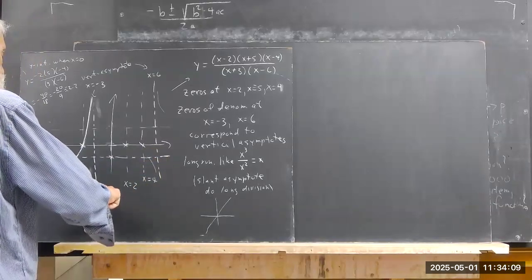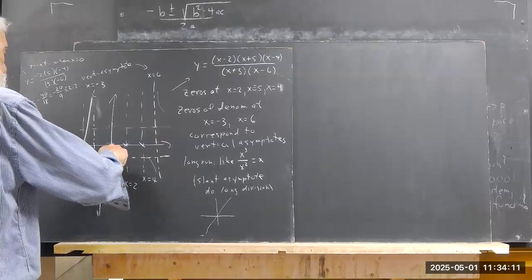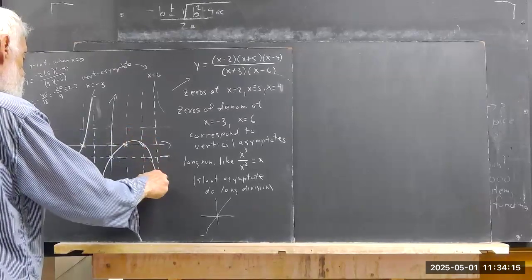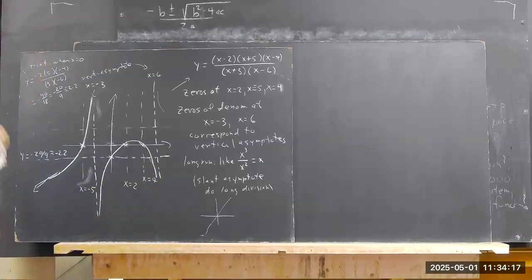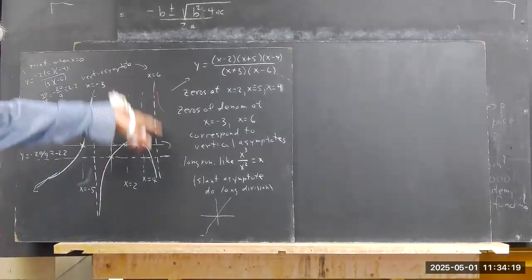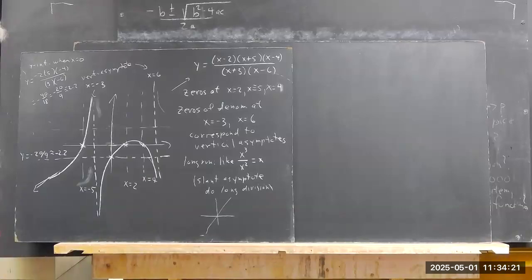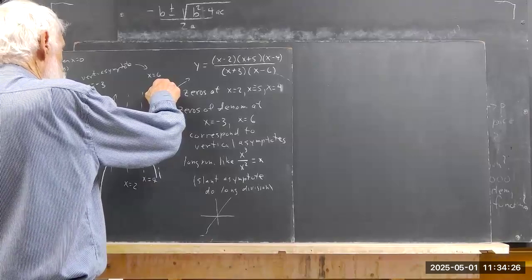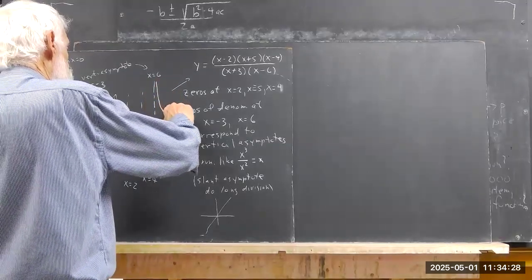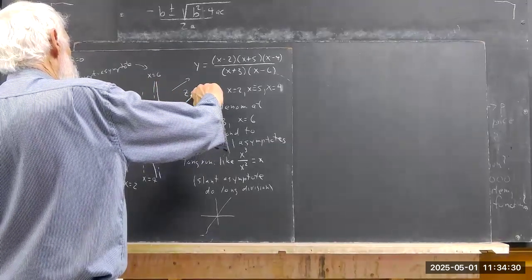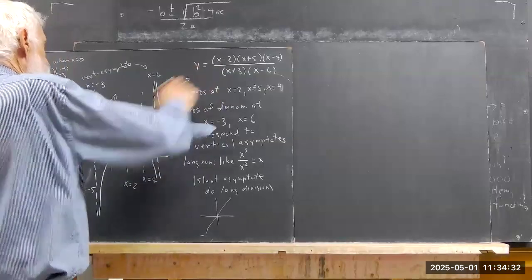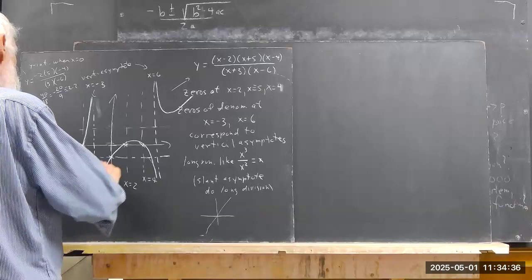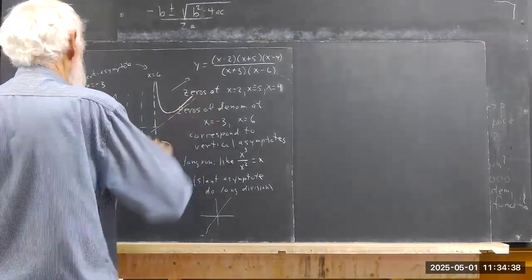So coming up from here, approaching this asymptote, and then from here, I can come down to some point, then I go back up and approach probably this line as an asymptote.